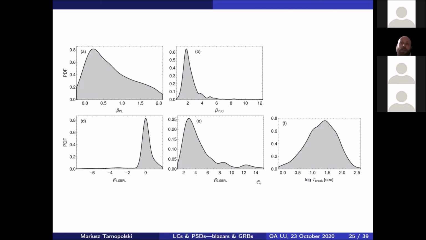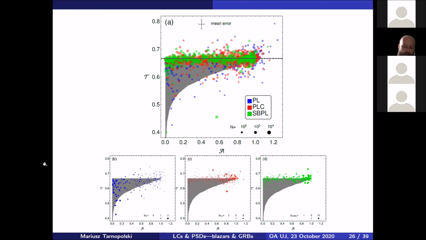And the time scales at which the break between beta 1 and beta 2 occurs is roughly between 1 second and 100 seconds, with a logarithmic mean at about 30 seconds.